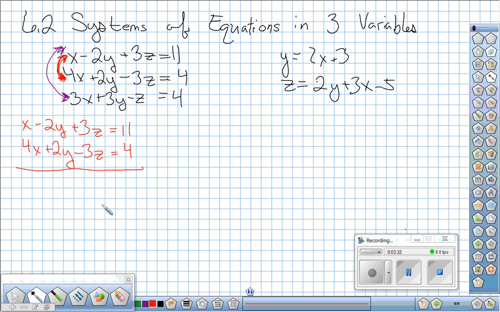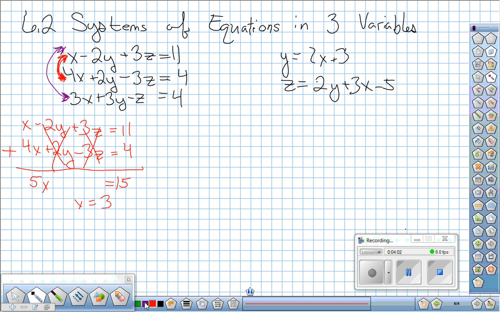My goal is really only to get rid of 1 variable. But if I add them right now, I'm going to have 5x, 0y, 0z equals 15. From here, I can divide both sides by 5 and say x equals 3. Great, I already know what x equals.